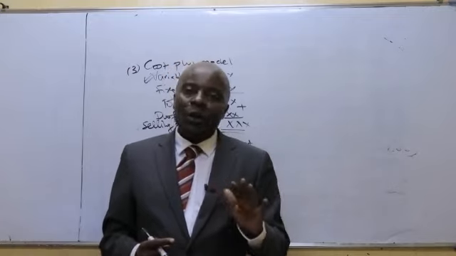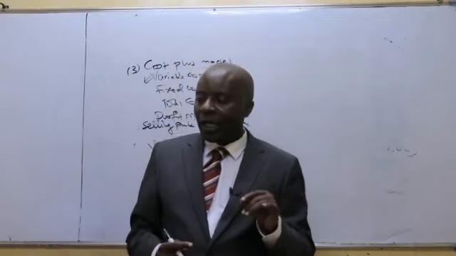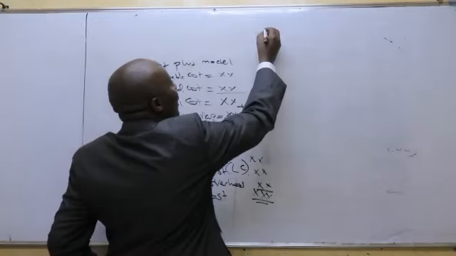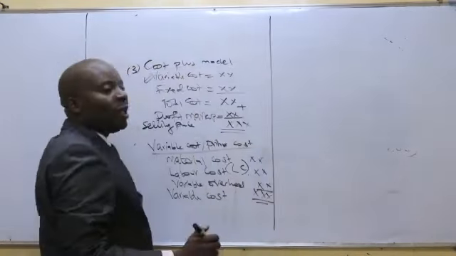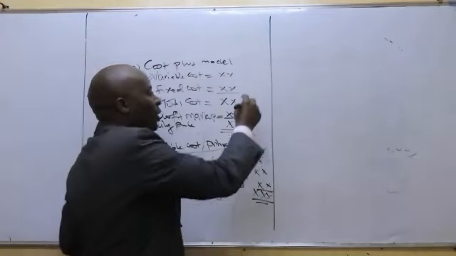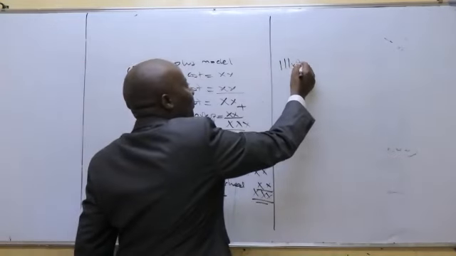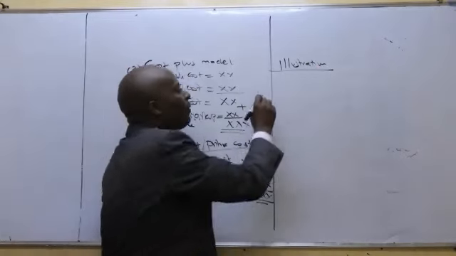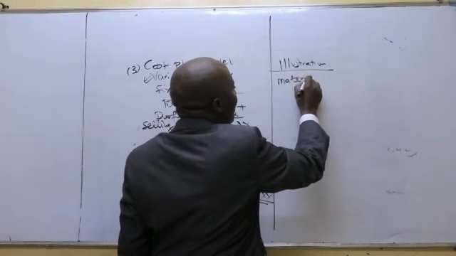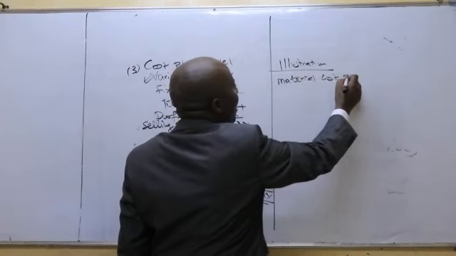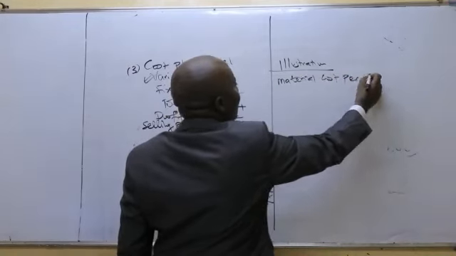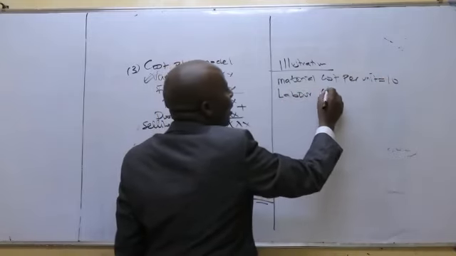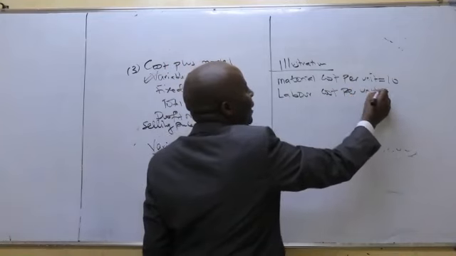But even before I tackle learning curves today, I would want to give you a small question here and then see who will be able to give me the selling price. Illustration: they have given us material cost per unit, and they have given us labor cost per unit, 8.